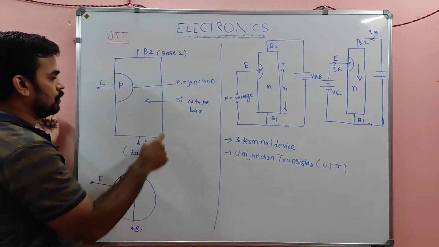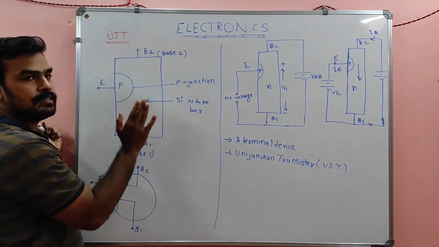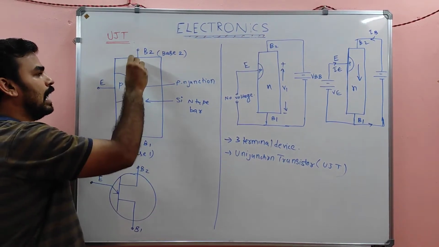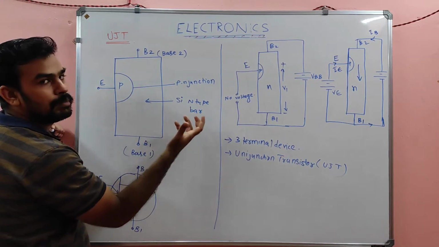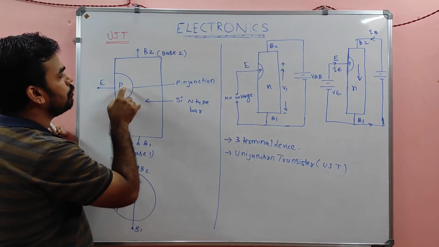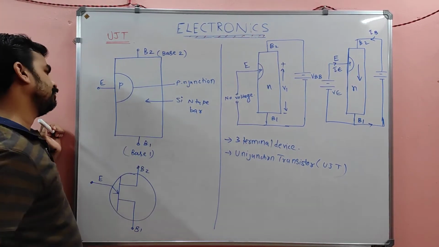This is the structure of a UJT, my dears. The UJT consists of one small P region and a very big N region. This is nothing but the silicon N-type bar. There is a PN junction between this P and the big N region.